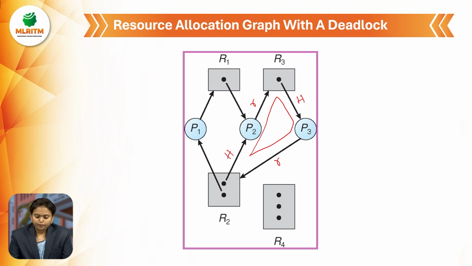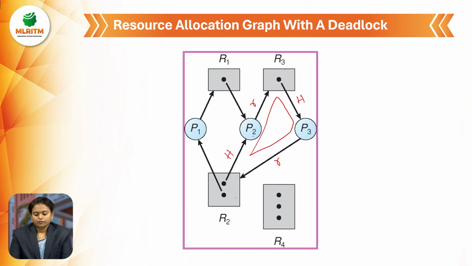See here, P3 is holding an instance of R3 and requesting an instance of R2. At the same time, P2 is holding an instance of R2 and it is also requesting an instance of R3.